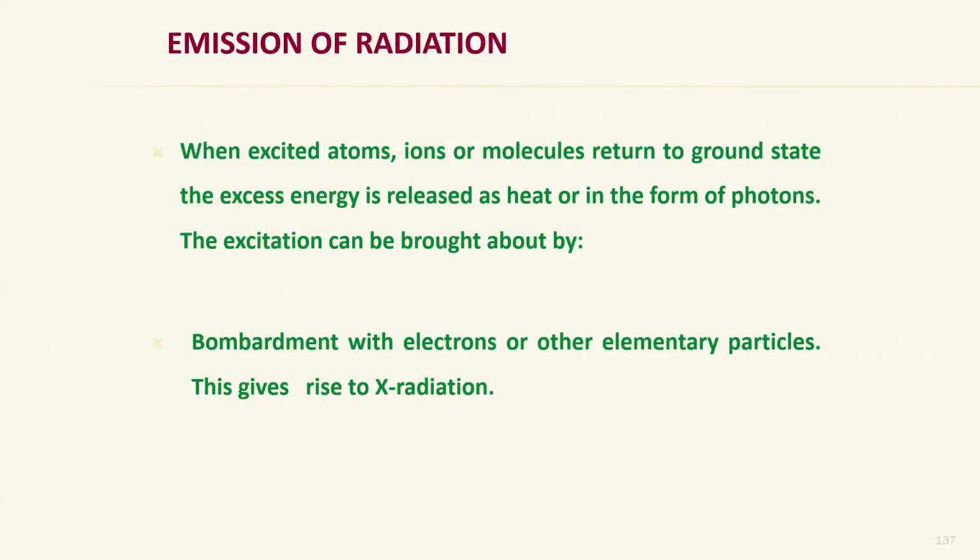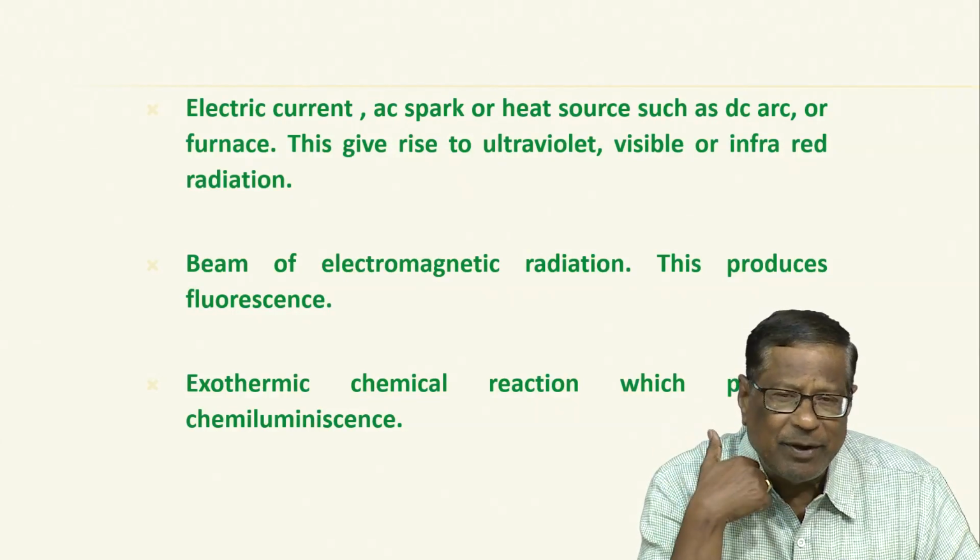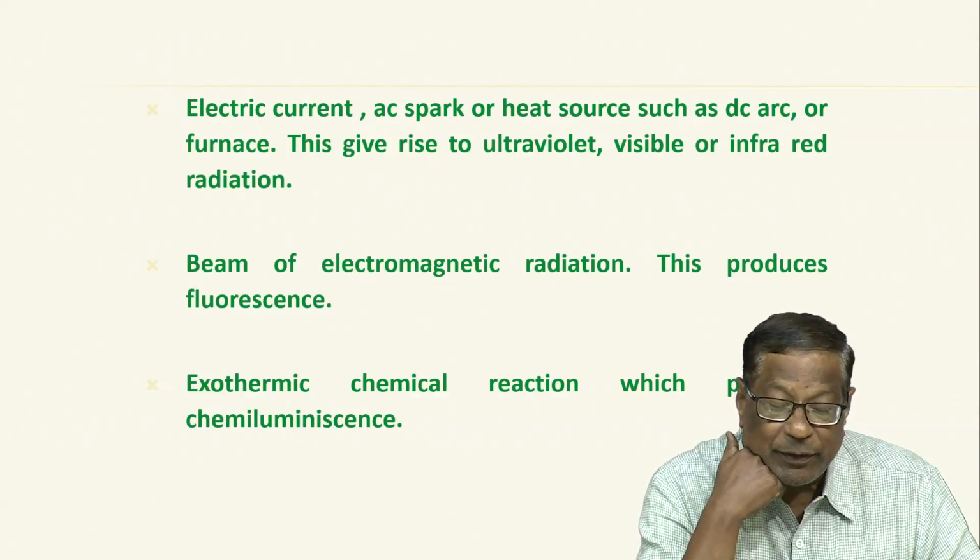The excitation can be brought about by bombardment with electrons or other elementary particles, which gives rise to X-radiation. Now, an electric current, a spark or a heat source such as a DC arc, furnace, etc., can be used as energy sources.